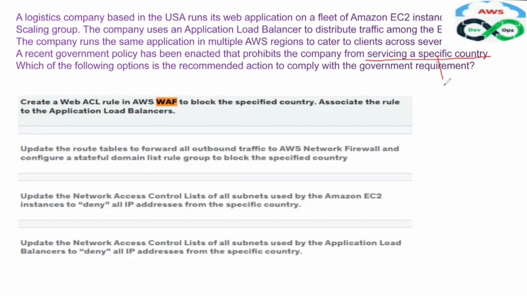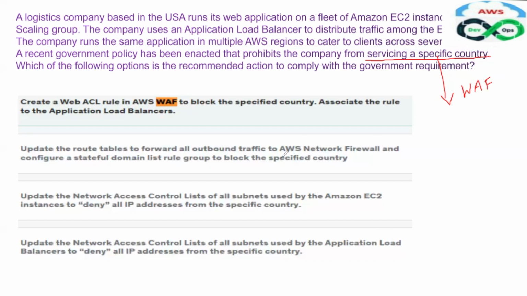So I was telling you that whenever you see blocking or allowing requests from a specific country, you also have the option for that in the WAF, right? So definitely you need to look for the answer where WAF is, right? And then that would be the correct answer. If you see, the first answer itself is correct because all the other things are talking about different services.